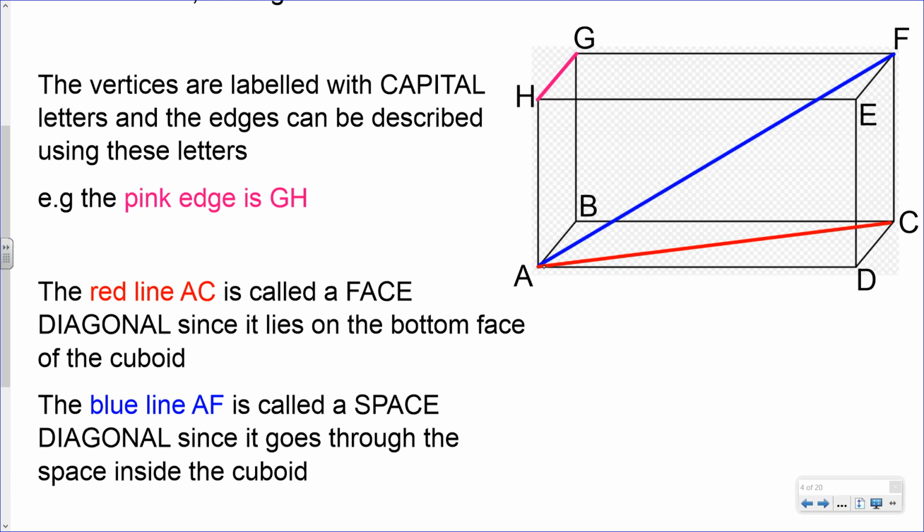The blue line going from A to F goes through the space inside the cuboid and is therefore called a space diagonal. This one can be hard to visualise, so it's important that you can try and see that it's going from this front vertex A through the cuboid to the back vertex F, and it's a space diagonal.